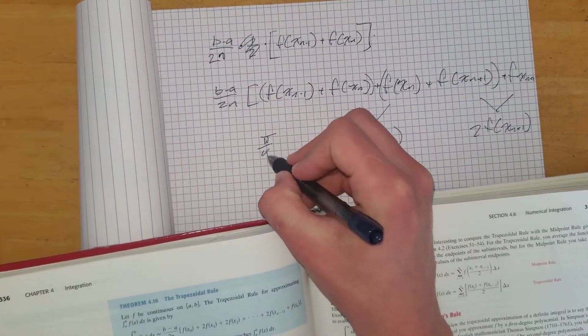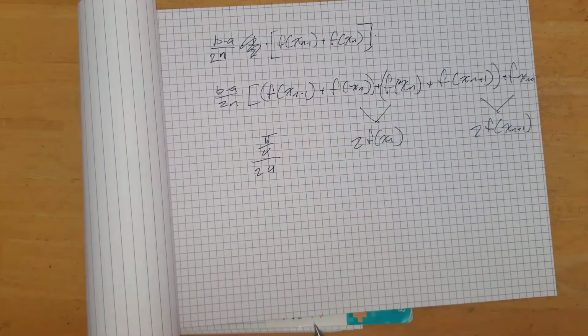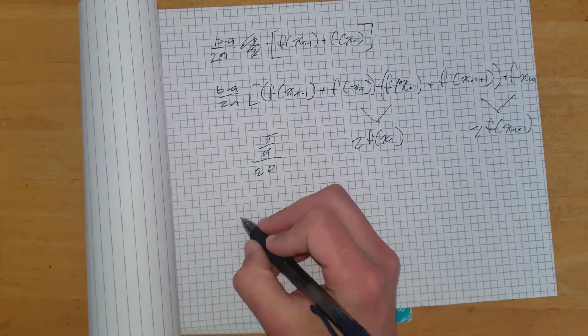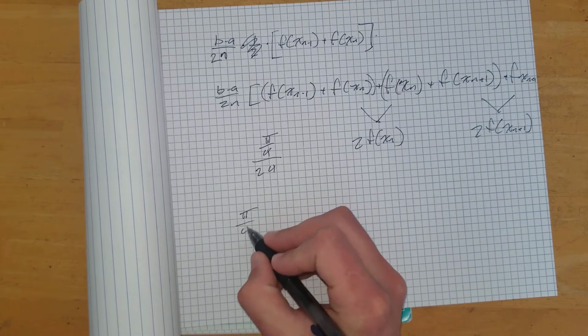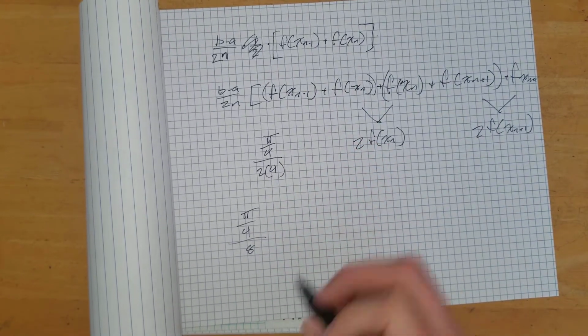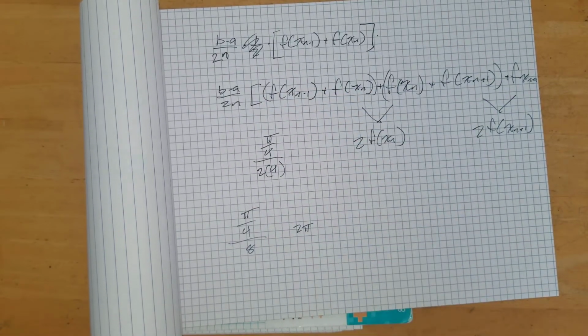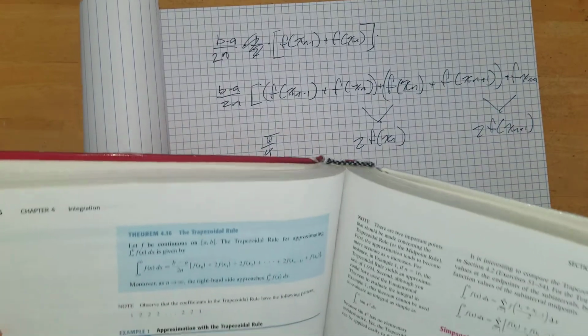Pi over 4 divided by 2 times 4 would be, I'm going to write it down here. Divided by 2 times 4, which is 8. So we're going to end up with this being 2 pi, which doesn't really make sense.